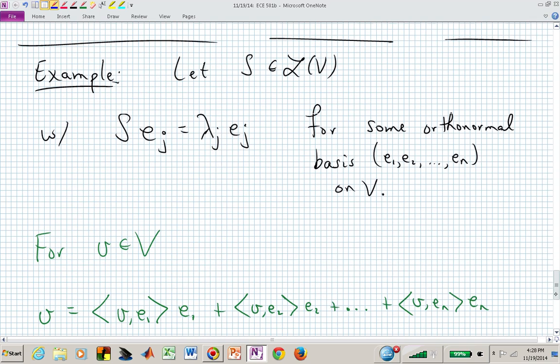If we go back to how we had defined this relationship for this linear map S relative to these E's, now anytime we see an E sub j, we can replace it with the scaled version in the same direction. And the scaling is this eigenvalue lambda sub j.